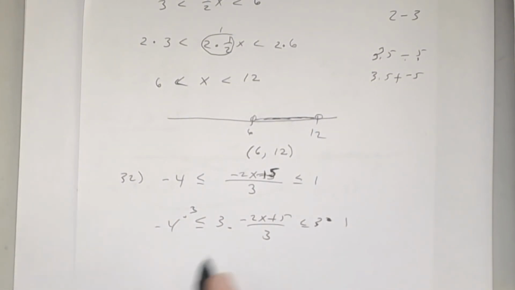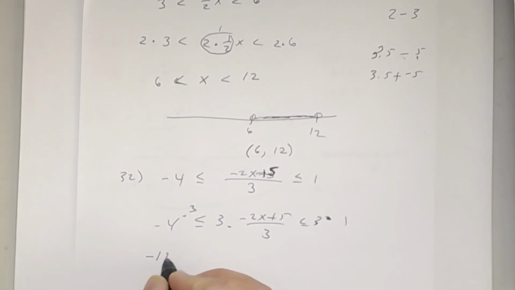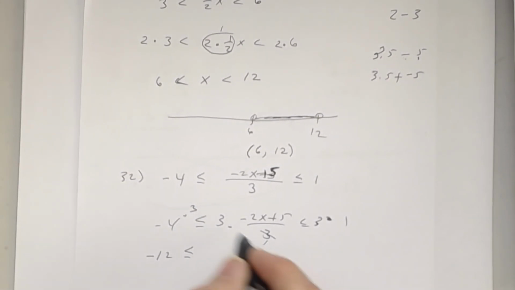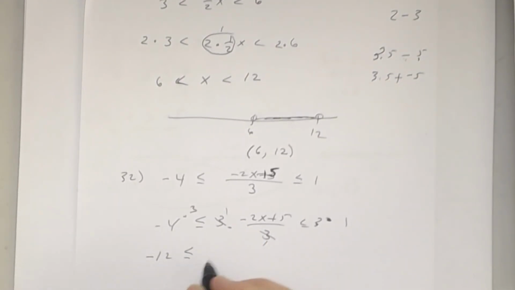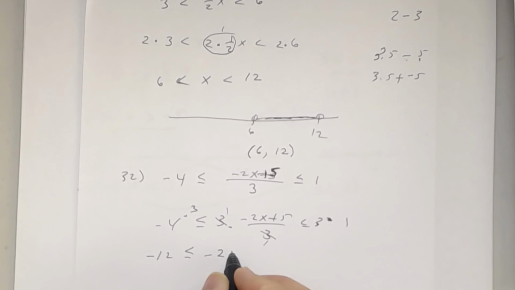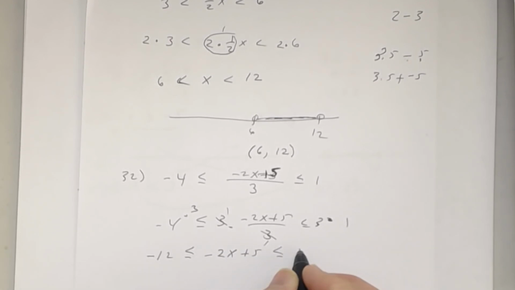What's -4 times 3? -12 is less than or equal to, the 3's divide out, and what is left? -2x plus 5, and it's less than or equal to what? 3. And now you've made it a lot easier for yourself.